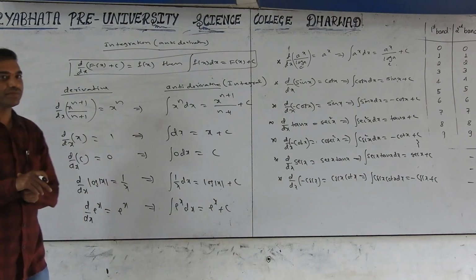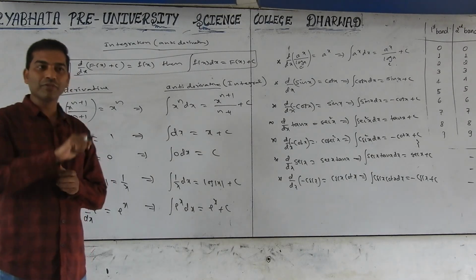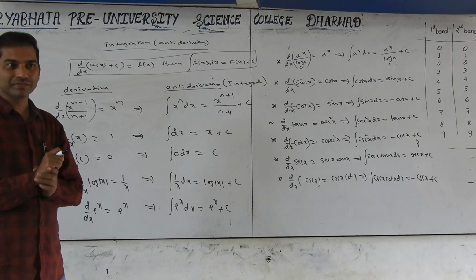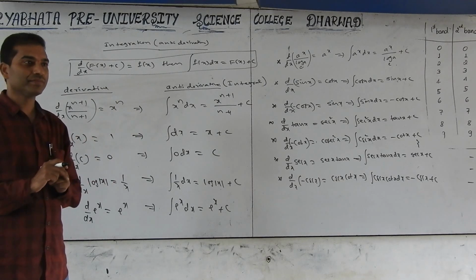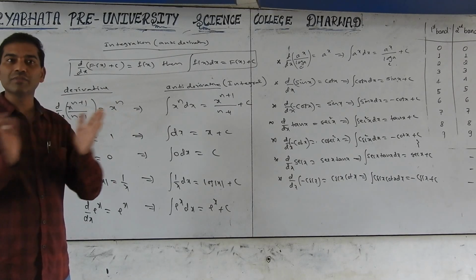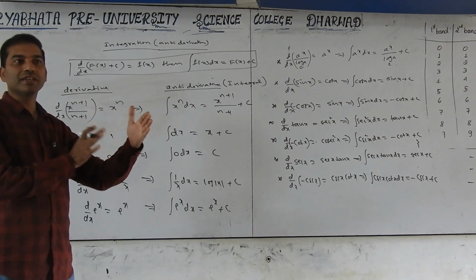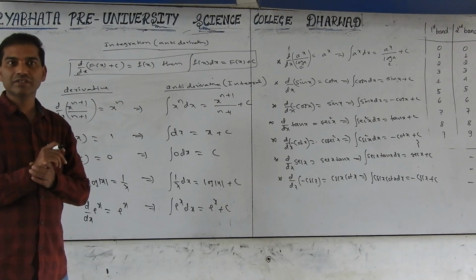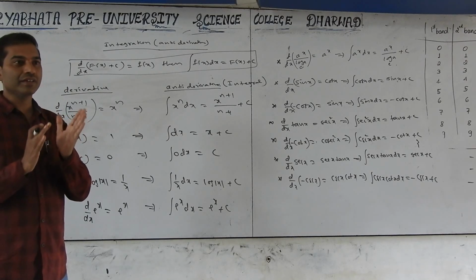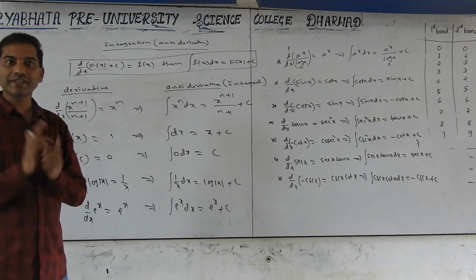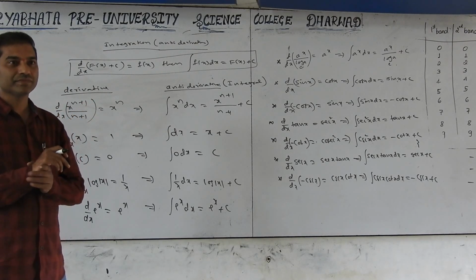Integration of root x is x power 3 by 2 by 3 by 2, because it is in the form of x raised to n. If you recall both at a time, then you come to know what is the differentiation formula and what is the integration formula. Okay, your confusion will be solved. So recall them together like this.